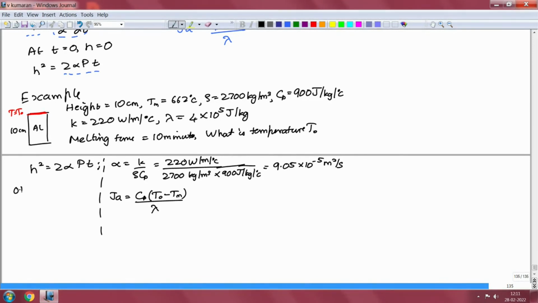So, 0.1 meters the whole square is equal to 2 into alpha, which is 9.05 into 10 power minus 5 meter square per second. Let me write it elsewhere.